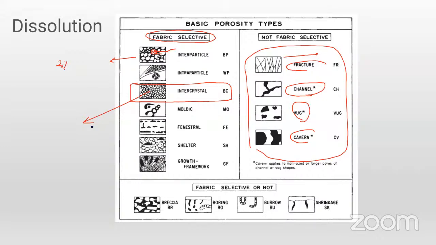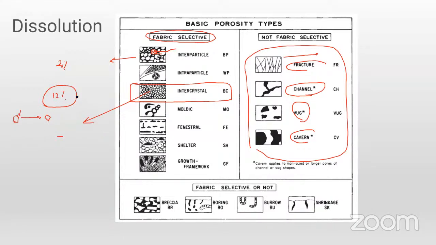When those minerals convert, for example calcite to dolomite, the volume is reduced. Most geologists say we have about 12% reduction in volume, and the volume that disappeared creates porosity.